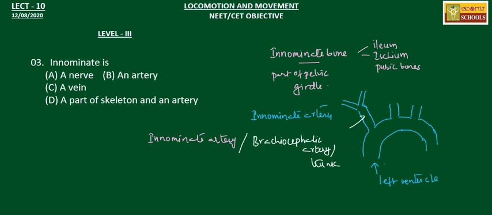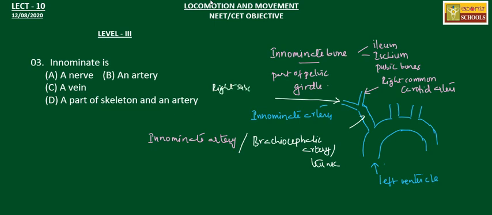This brachiocephalic artery or trunk will divide into two branches, and one of the branches is called the right common carotid artery, and one more we have here is the right subclavian artery.